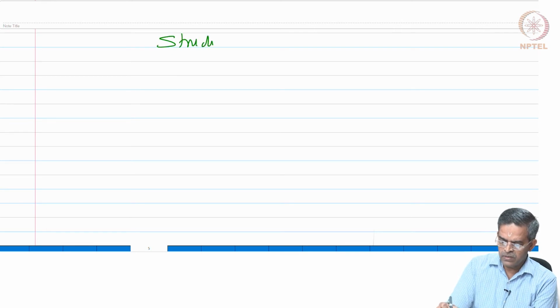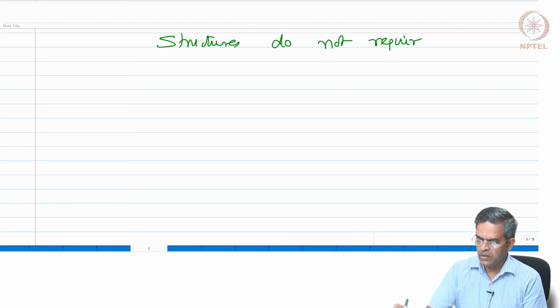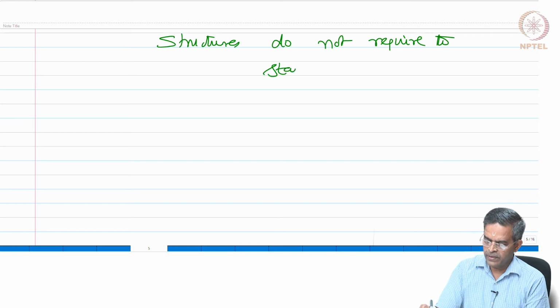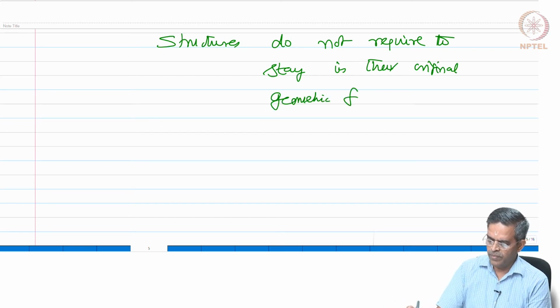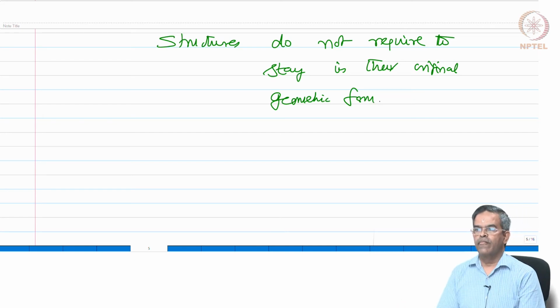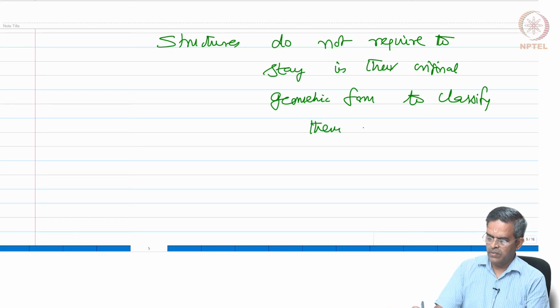Structures do not require to stay in their original geometric form to classify them as stable.